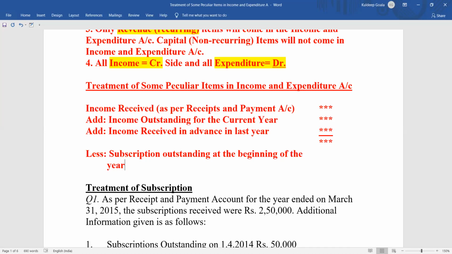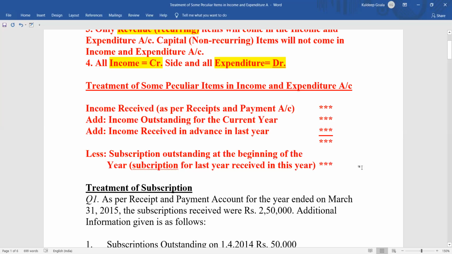Along with that you should remember subscription for last year received in this year. These are the two things you should remember. If it is last year's subscription received in the current year, that will be deducted.